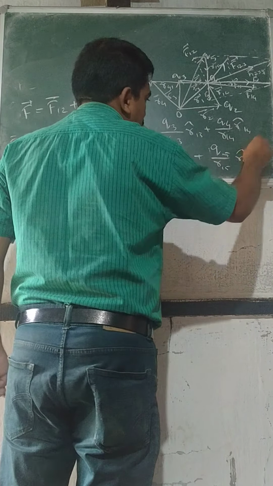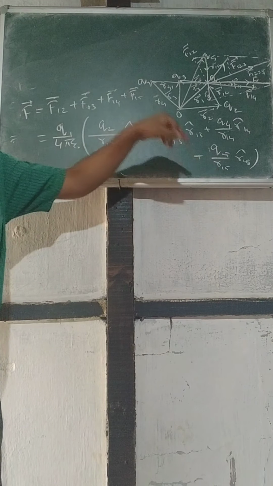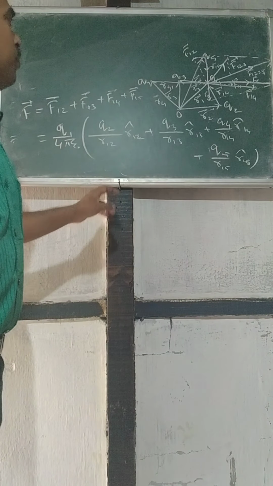If there are n number of charges, then you have to extend this from R5 up to Rn. Okay. This is the principle of superposition.